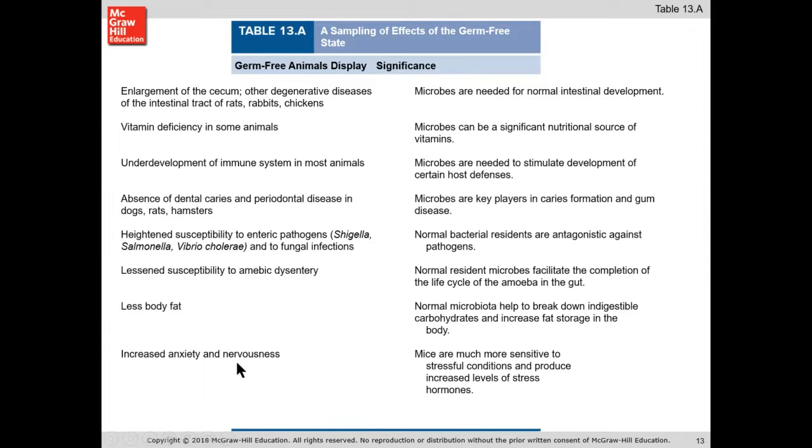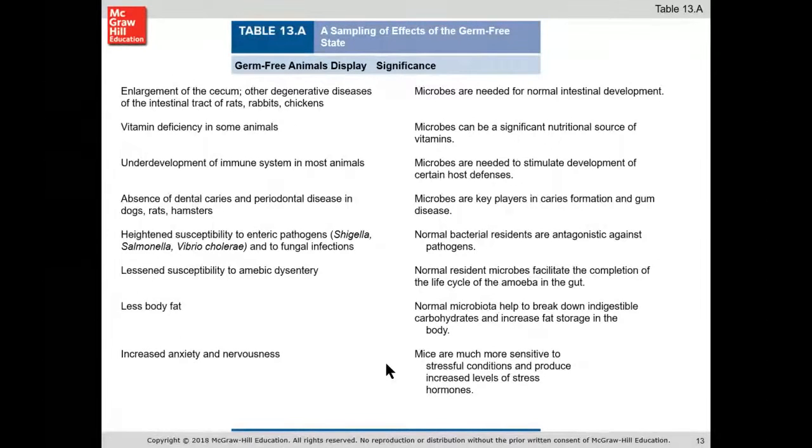Increased anxiety and nervousness. So mice are much more sensitive to stressful conditions if they don't have their regular microbe level. So that last one I think is especially interesting for humans, and I'm not saying that this does occur in humans, although there is some evidence that it does, that because we're not truly germ-free even after taking a round of antibiotics, but we are much closer to it.